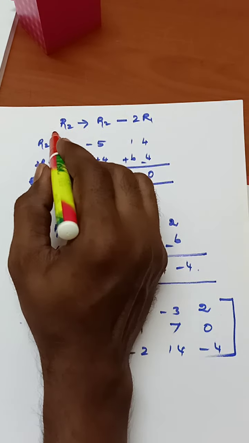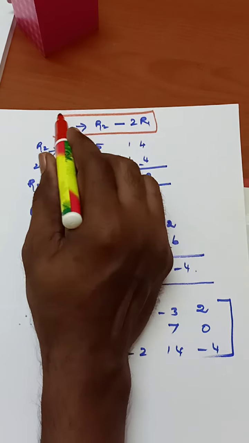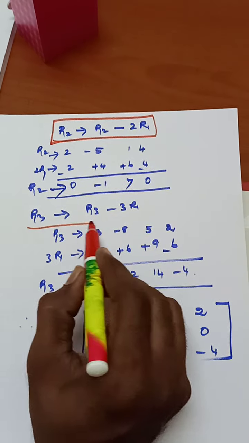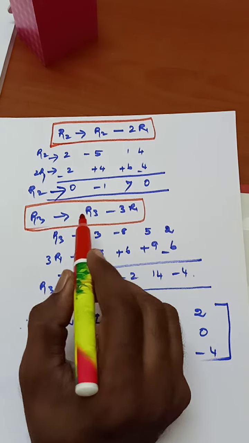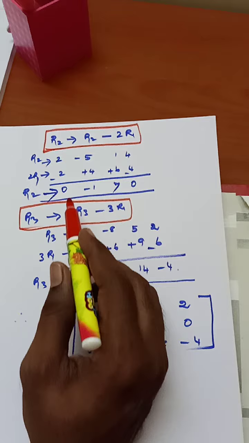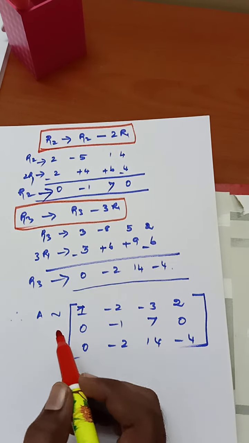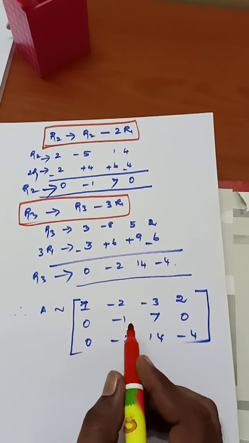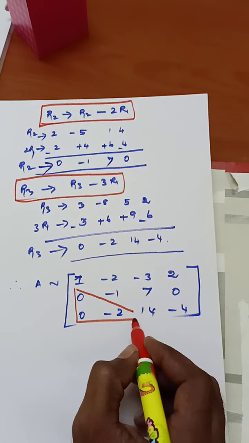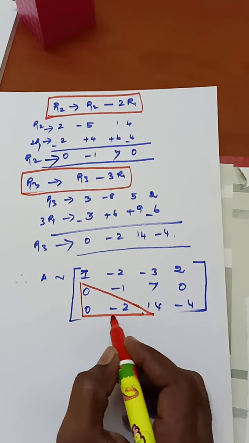For your reference you can write R2 tends to R2 minus 2R1 and R3 tends to R3 minus 3R1. You can do this in your rough column, but I am doing it in the main part. So now the next one: your triangular form for 3 rows is like this.